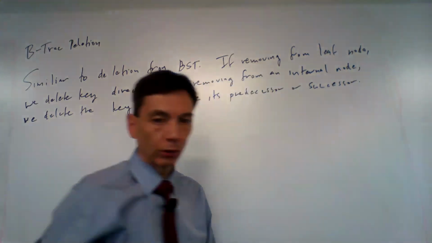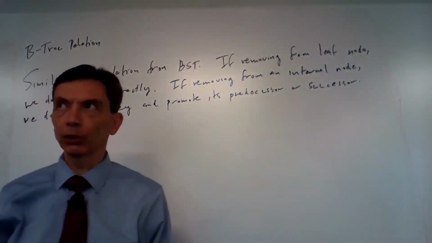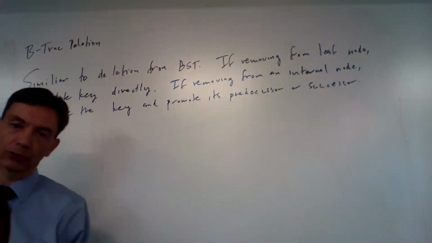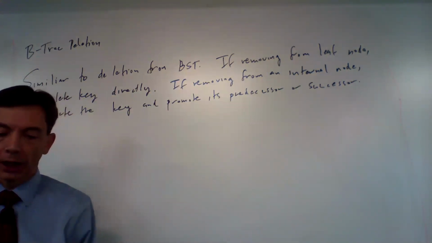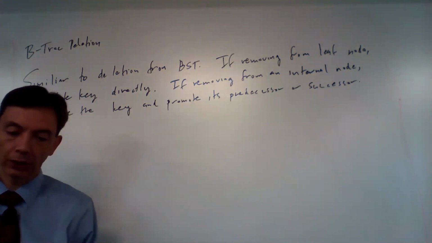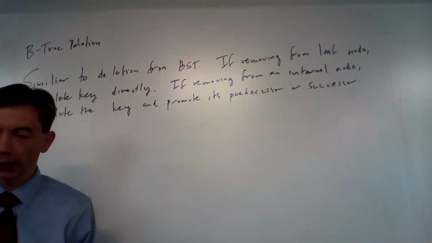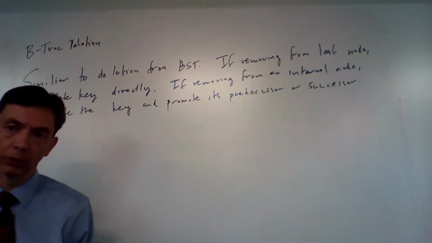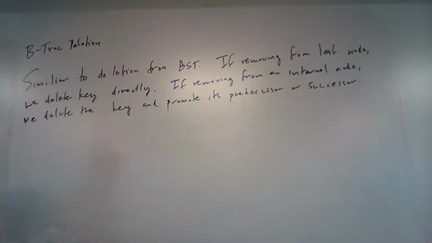So predecessor, of course, is the key that comes immediately before the key we're deleting in order, and successor is one that comes immediately after. And you can find that by going right and all the way left as far as you can, or going left and then all the way right as far as you can to get either the successor or the predecessor, respectively. Okay?